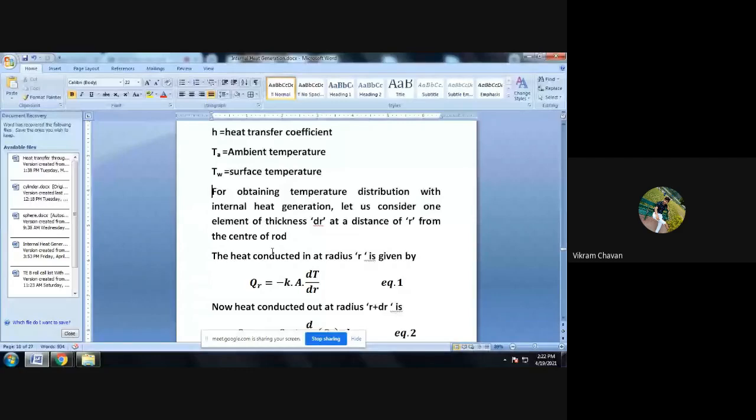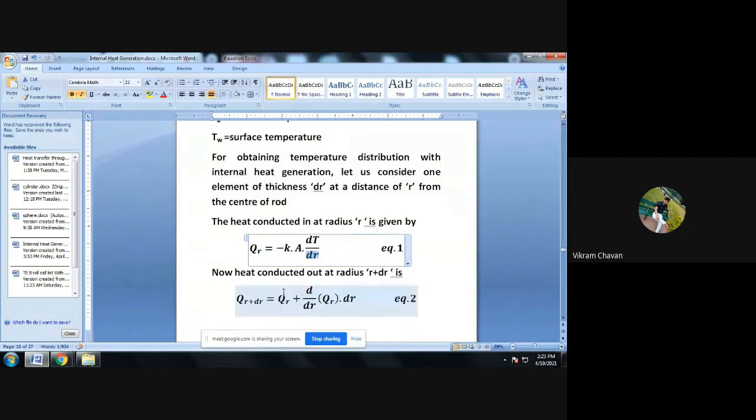So instead of dx, in case of rod, we have to consider dr. So our heat conducted in the element at a radius r, at a distance r from the center, is given by q suffix r is equal to minus k multiplied by a multiplied by dT divided by dr. That is our equation number 1. Give this equation number 1. Write down.